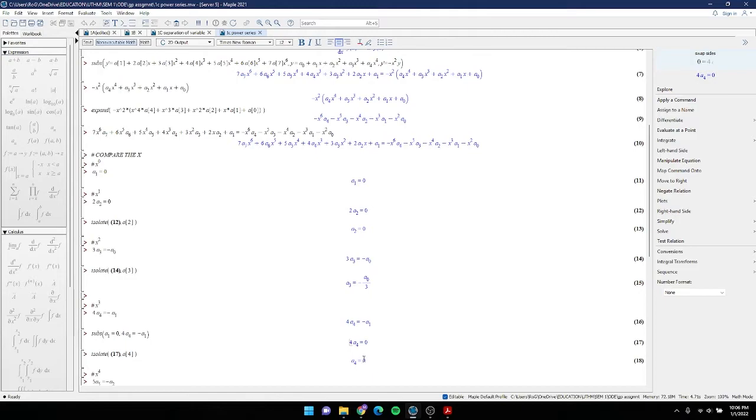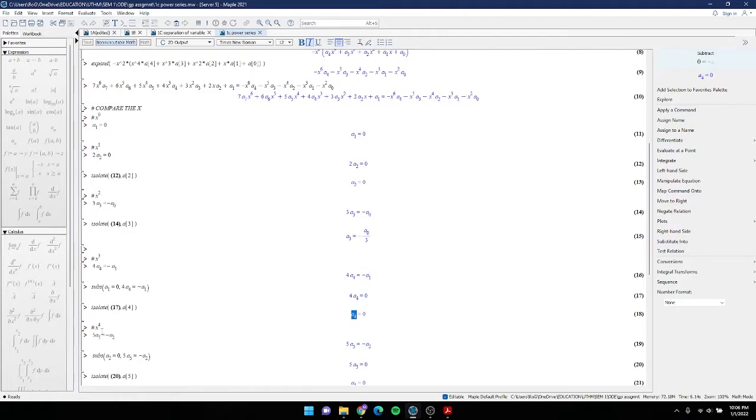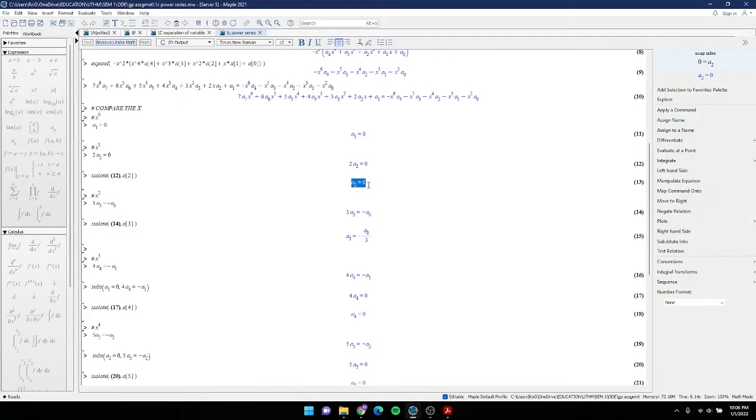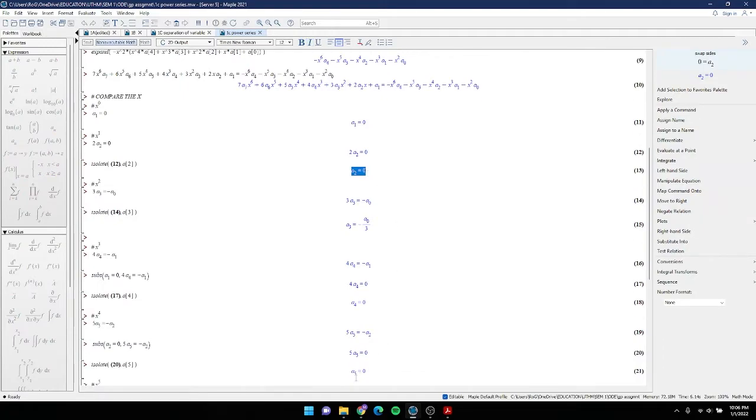So after we move 4 to the right hand side, we got the value of a4 is 0. And then we compare for x to the power of 4, we got 5a5 from the left hand side, and negative a2 for the right hand side. As we all know, the value of a2 is 0. So the value of a5 is also 0.